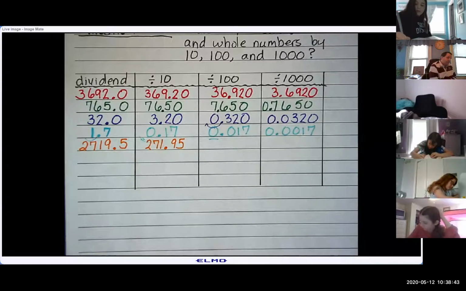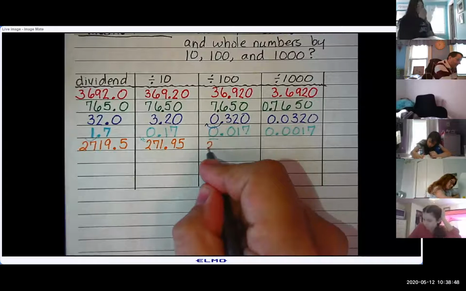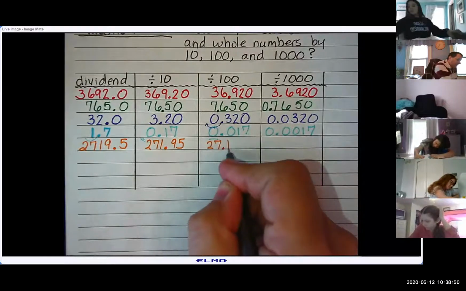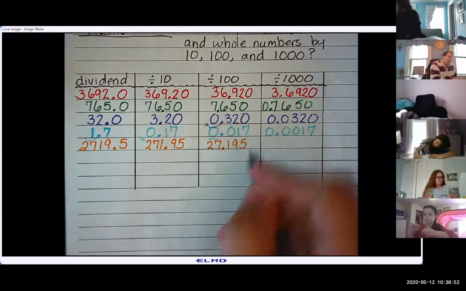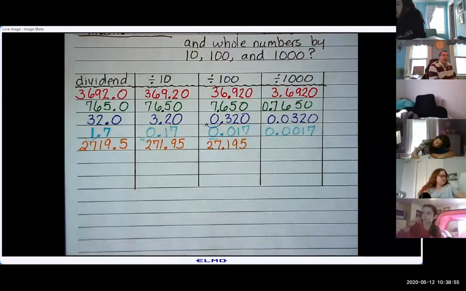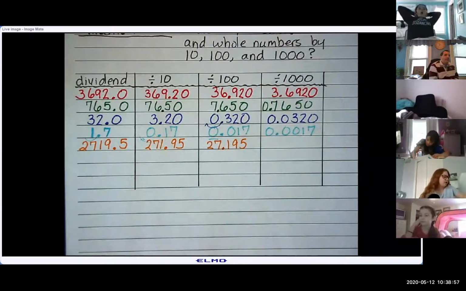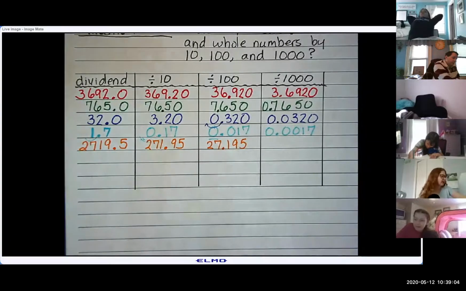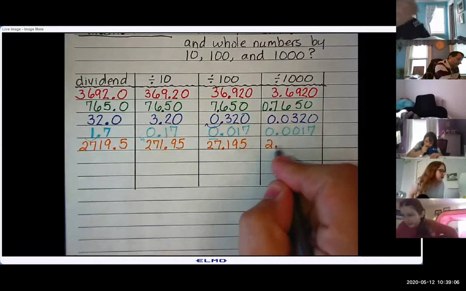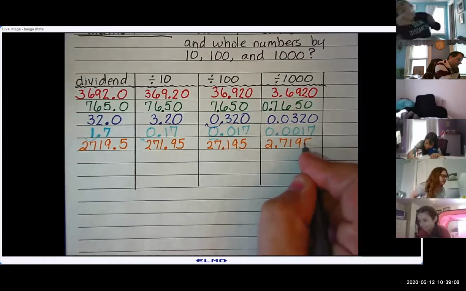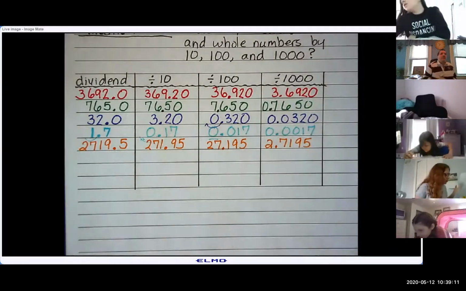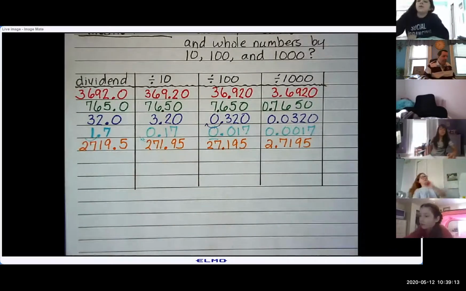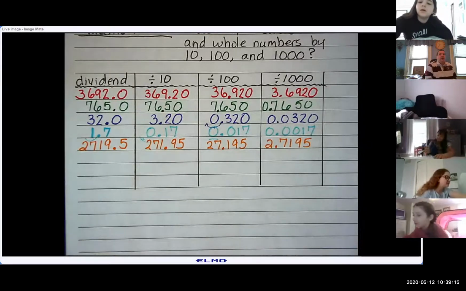Then it would be 27 and 195 thousandths. 27 and 195 thousandths. Keep going. 2 and 7,195 ten thousandths. Very, very good.